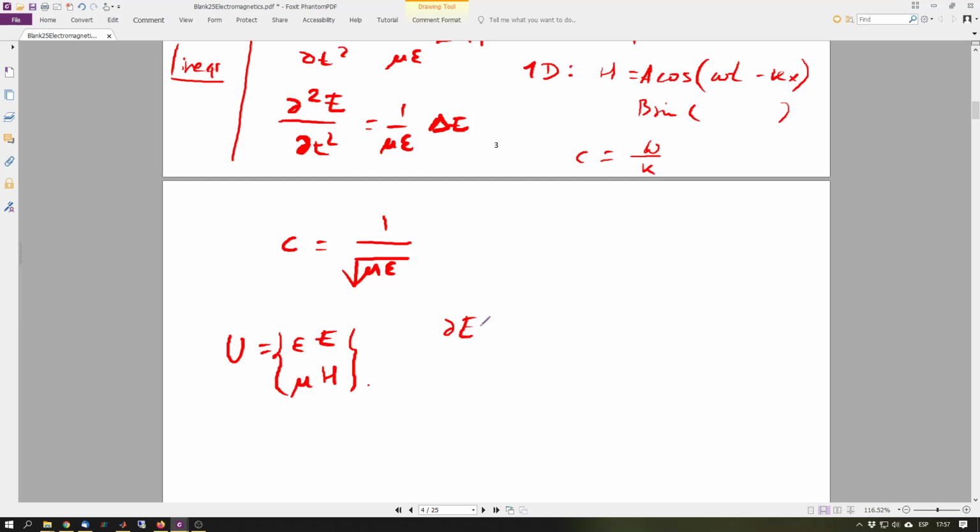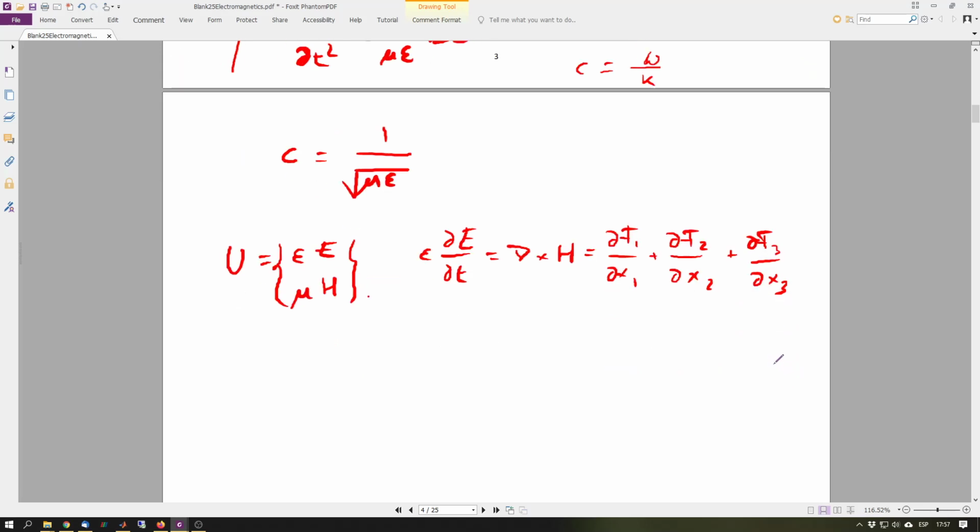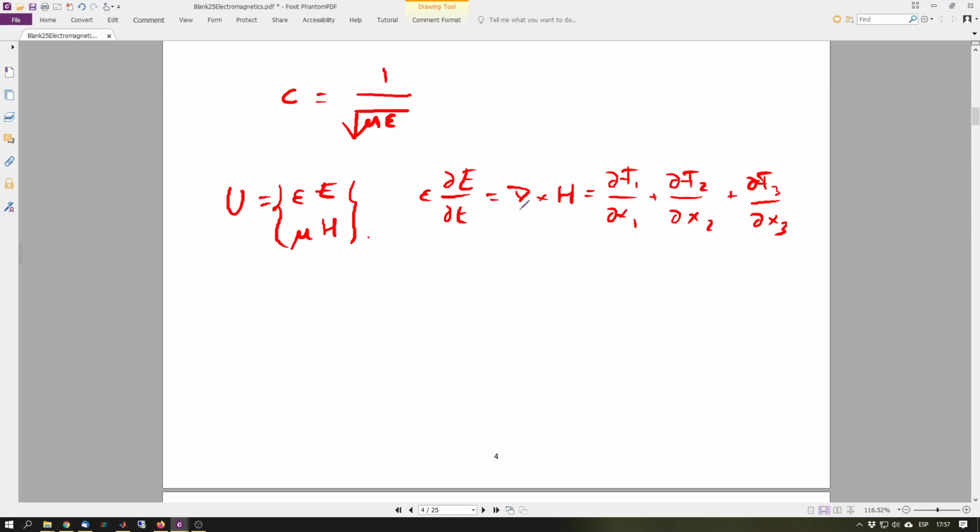So we have it equal to the rotational of h, and we want to write this rotational of h as the derivative of a given function with respect to x1, plus the derivative of a second function with respect to x2, plus the derivative of a given function with respect to x3. This is a way of writing the rotational in that manner.